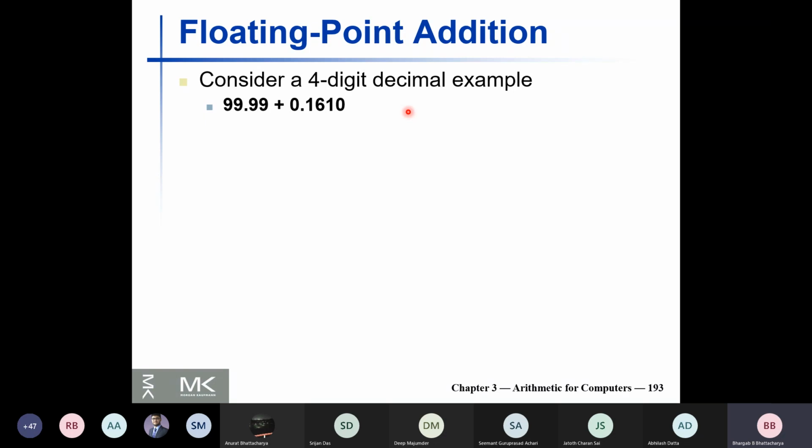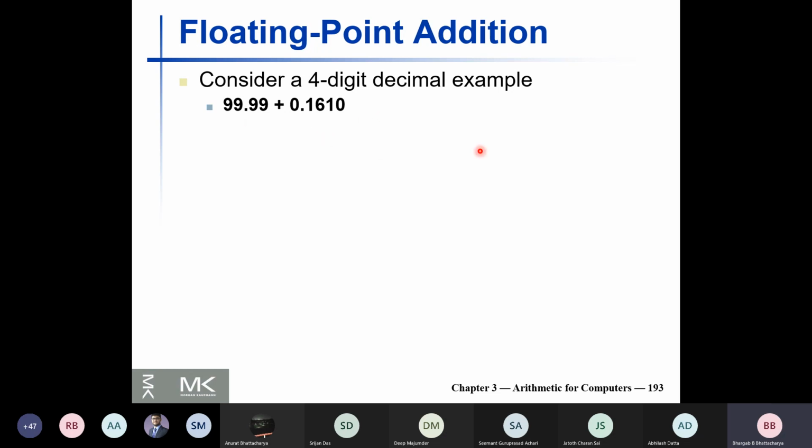Because we have the normalized representation, everything we represent as 1 point something, times 2 to the power exponent e. So in the floating point regime, this alignment of decimal point means equalization of the exponent value.